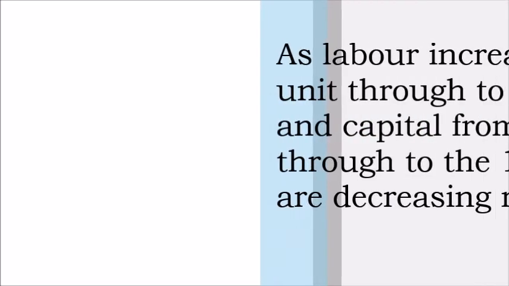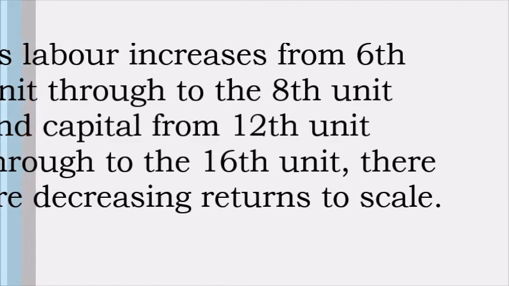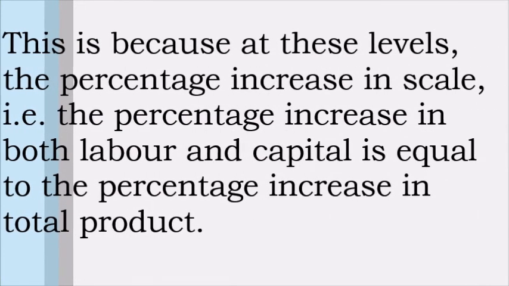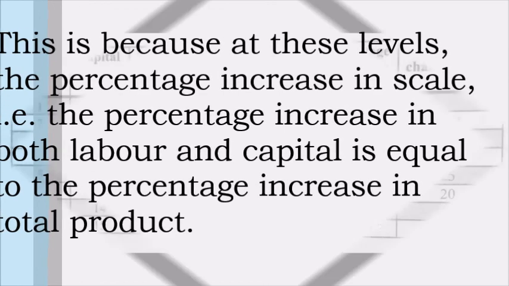Now, as labor increases from 6 units through to the 8th unit, and capital from 12 units through to the 16th unit, there are decreasing returns to scale. This is because at these levels, the percentage increase in scale, that is, the percentage increase in both labor and capital, is greater than the percentage increase in total product. For instance, let's check our table.